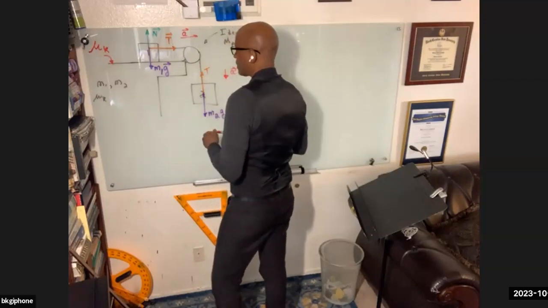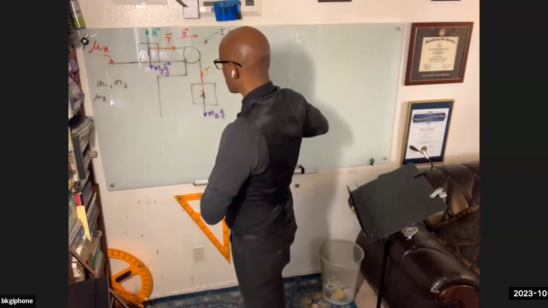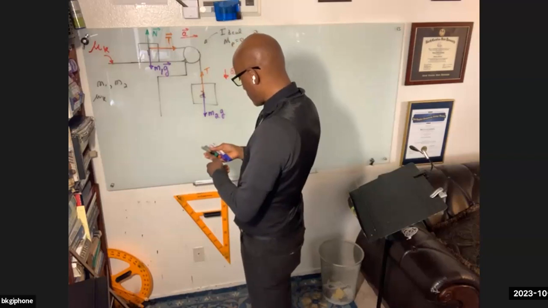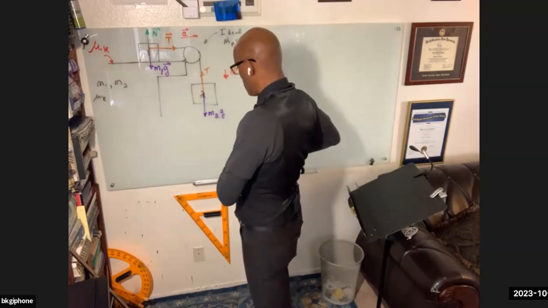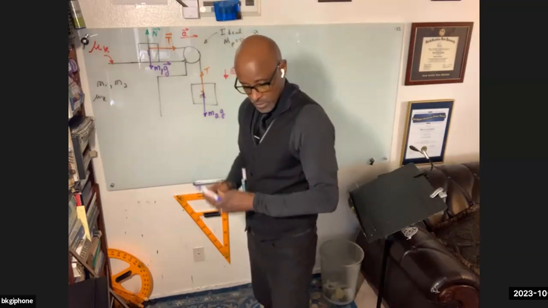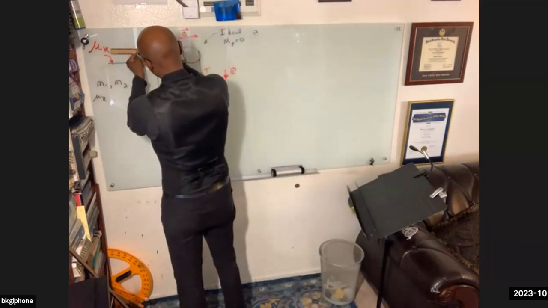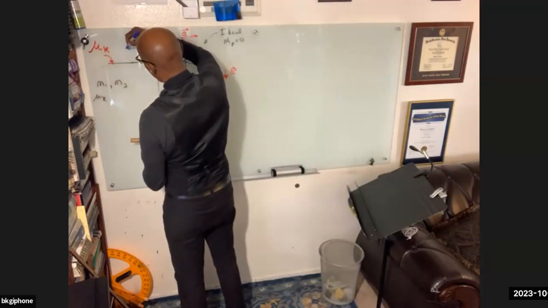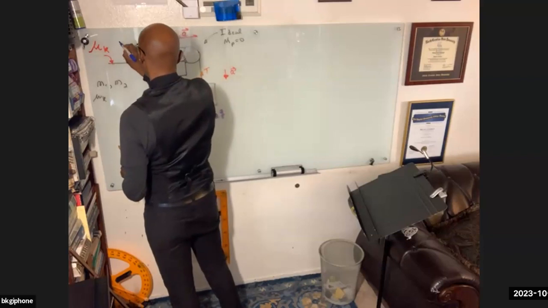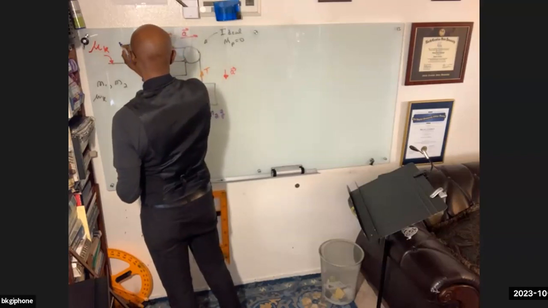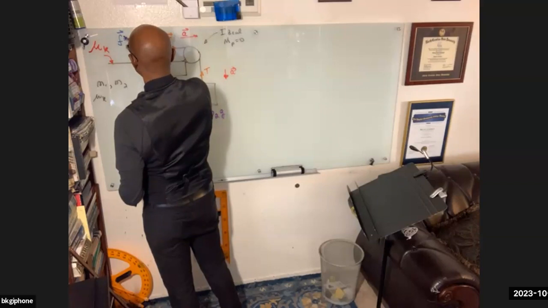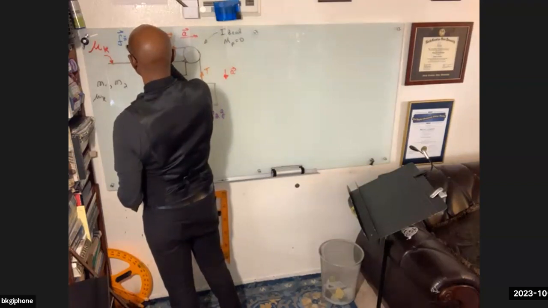Oh, and also the friction force, that's the new one. So we got friction in there now, and friction is in the opposite direction like this. Friction, as we said the other day, is always opposite direction of motion or opposite direction of possible motion. Remember, friction is defined as mu k times the normal force.